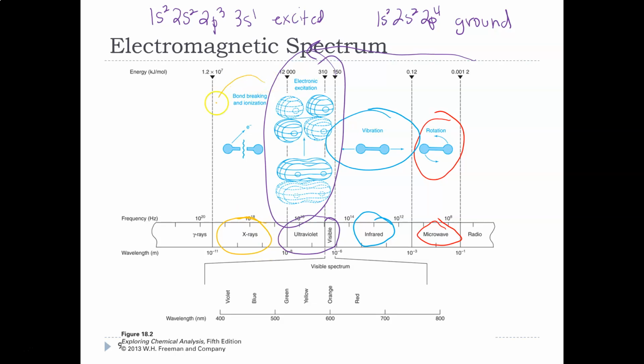X-rays, what we see are actually bonds being broken and electrons being removed, so making it an ion. So we're basically destroying the molecule at this point. That's why X-rays are damaging to any living thing, because their energy is so great that we see it actually destroying molecules and ionizing them.